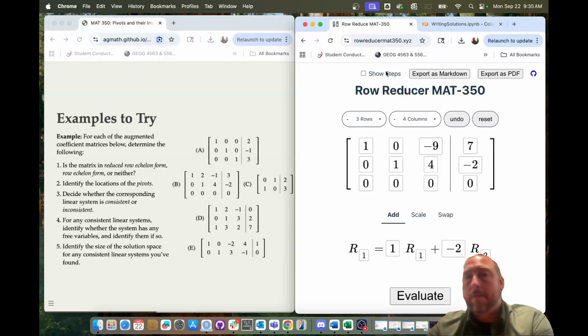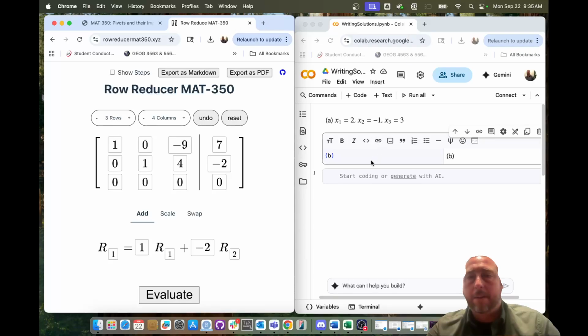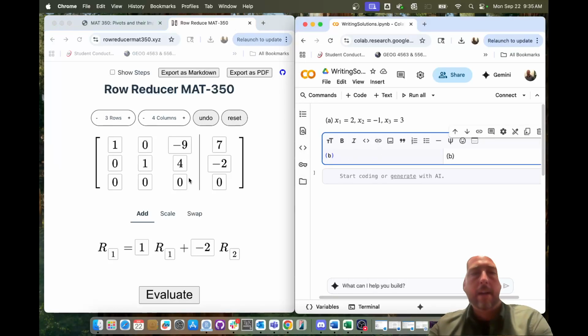reduced row echelon form. What I'm going to do is move this tab over here so that we can type out the solution. Right now, that top row is saying that 1x1 plus -9x3 equals 7.